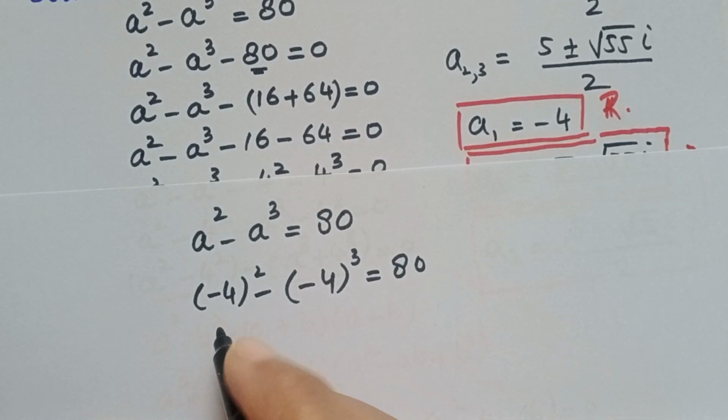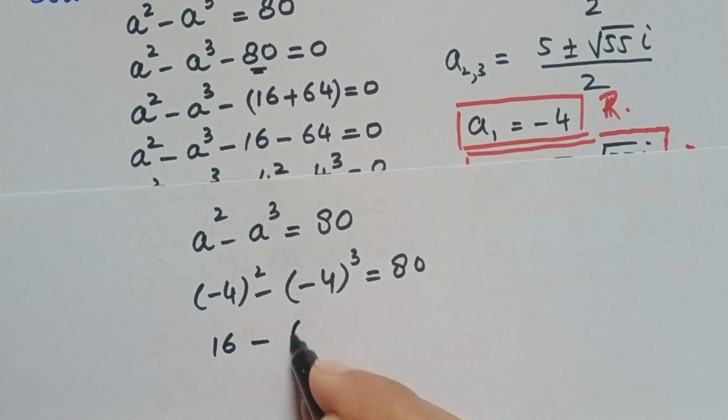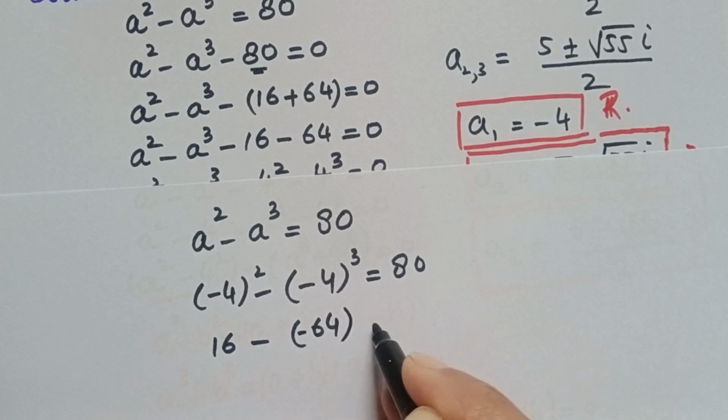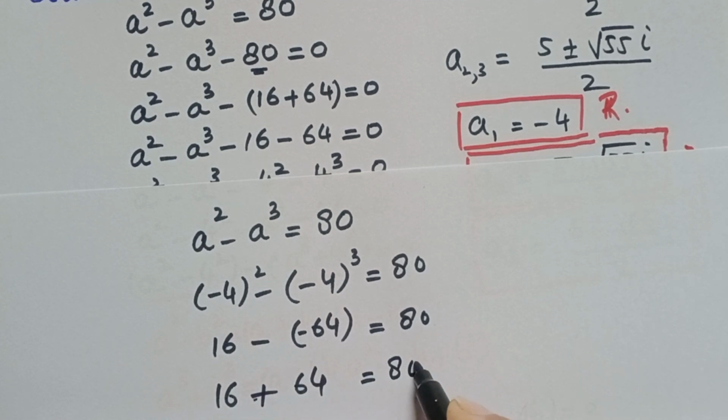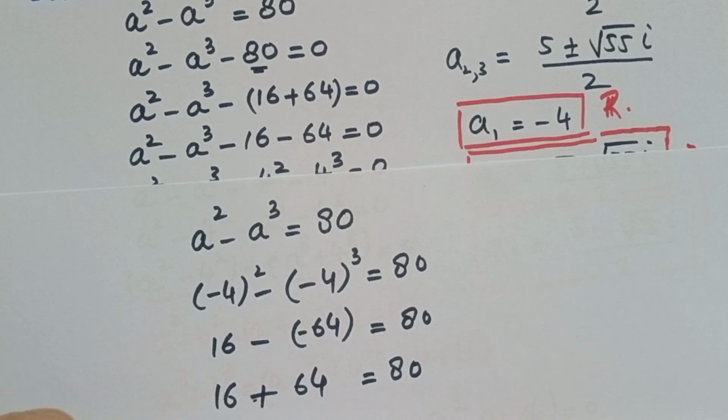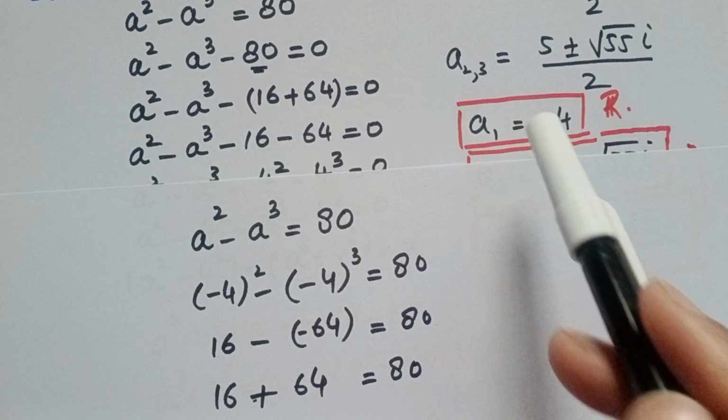So here we have 16, here we have minus of minus 64 is equal to 80. So here we have 16 plus 64, which is equal to 80. So both sides are equal, and we have checked that this root is correct.